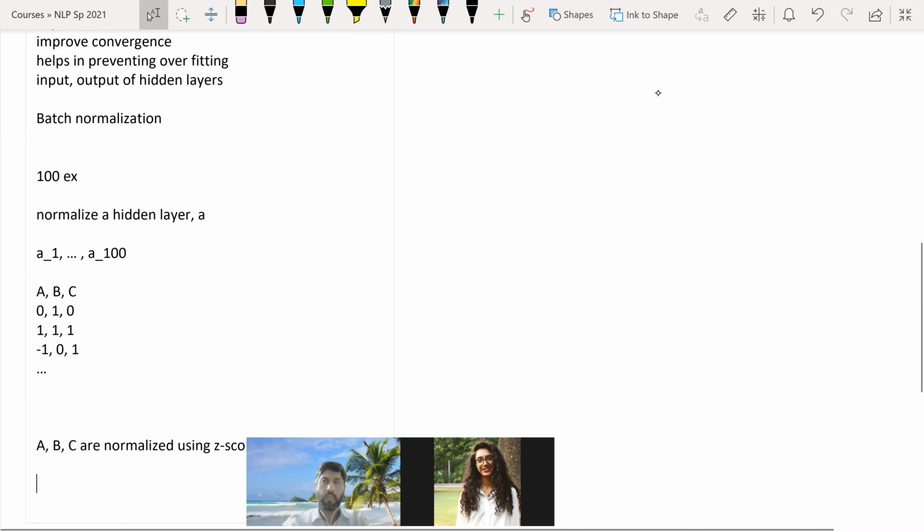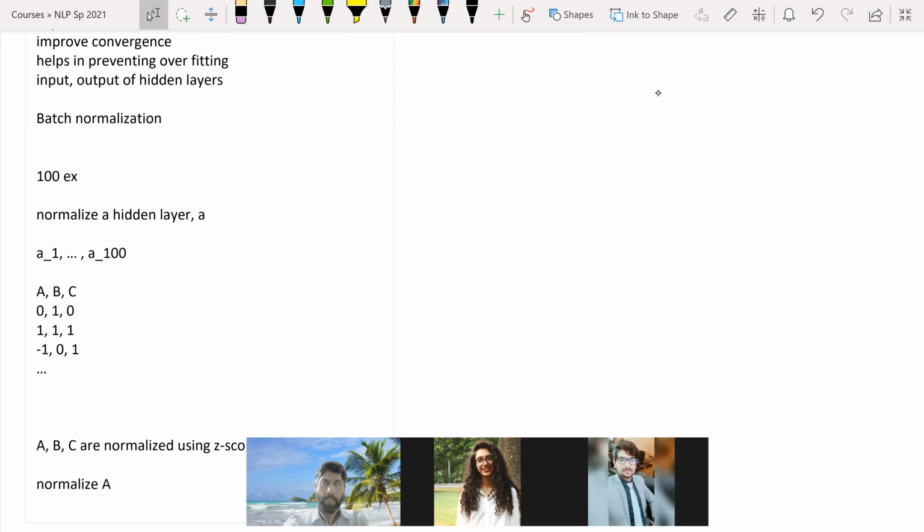So basically, this normalization is based on the mean and the standard deviation. So let's say we want to normalize A. So let's say the mean of A is M and the standard deviation is S. Okay? Of the whole column A over those 100 examples, which is your batch size.